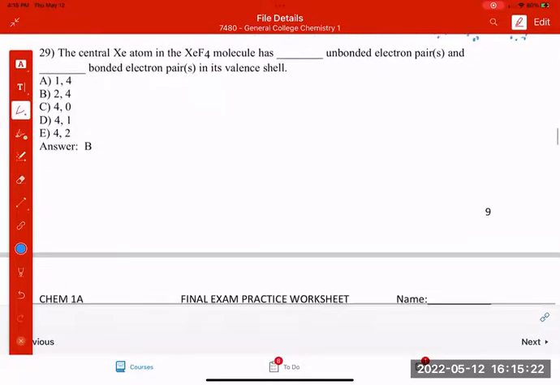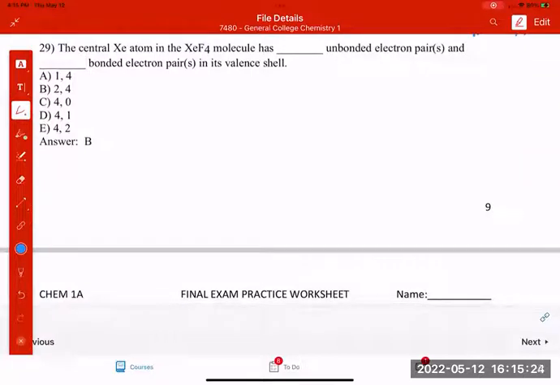Okay. Now what we're going to look at next is the xenon in the XeF4 molecule. Now in this case, you have to draw the Lewis structure. So sometimes the question is not going to state it directly, but it implies it. Okay. So xenon with F4, 4 fluorines. So there are 8 electrons in xenon and 4 times 7 electrons.